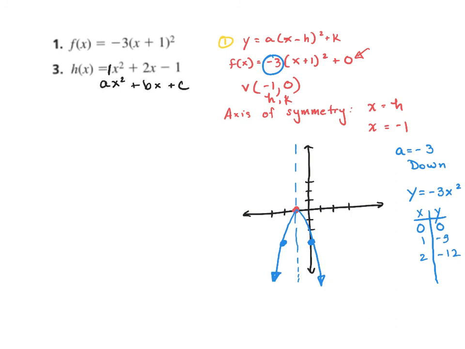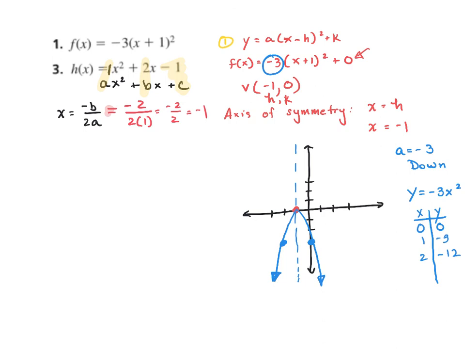All right, so let's find first the axis of symmetry. Negative b over 2a. Let's highlight these values for you so you can see them. A is 1, b is 2, c is negative 1. So we'll have negative b, b is 2, over 2 times a, which is 1, which is negative 2 over 2, which is negative 1.